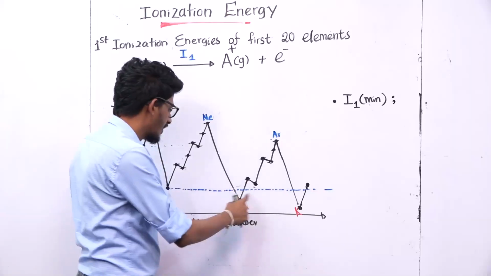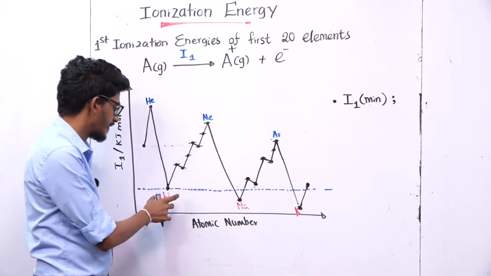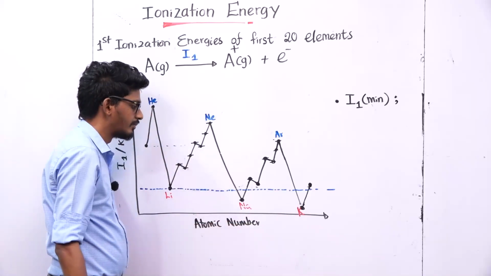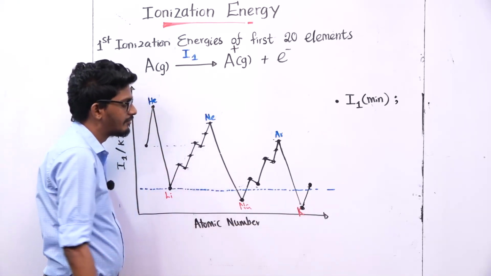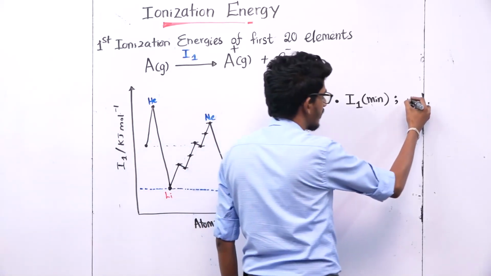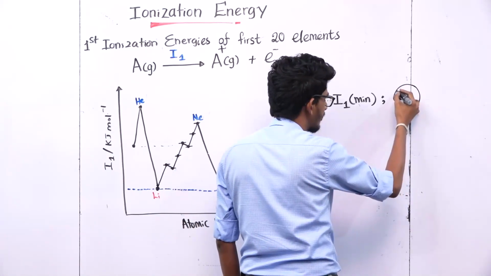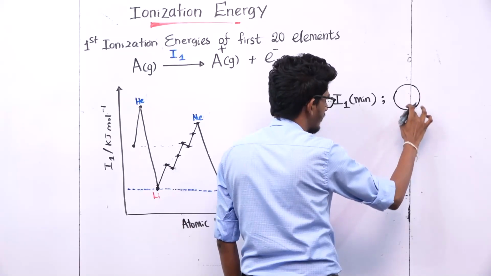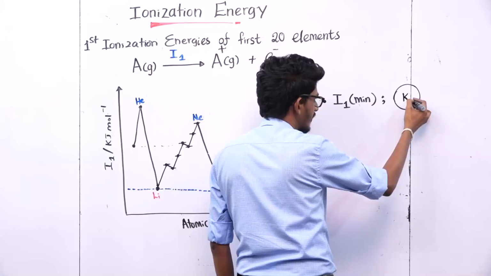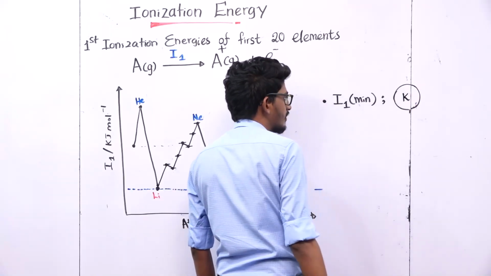When comparing group 1s as well, the largest group 1 element shows the minimum value. The larger the radius, the easier it is to release the electron, because your electron is away from the nucleus.